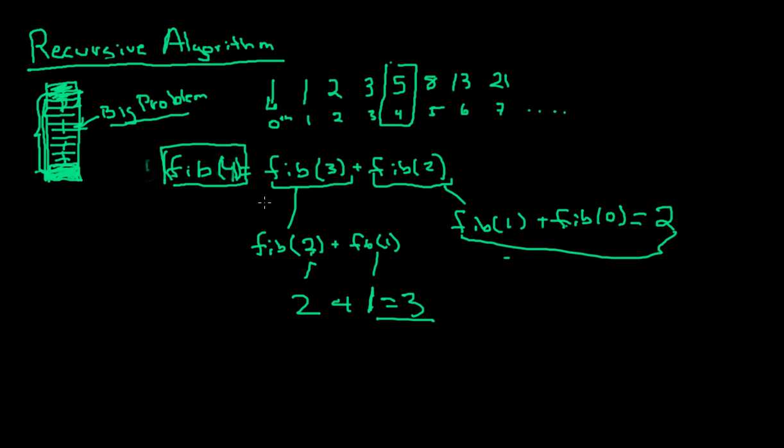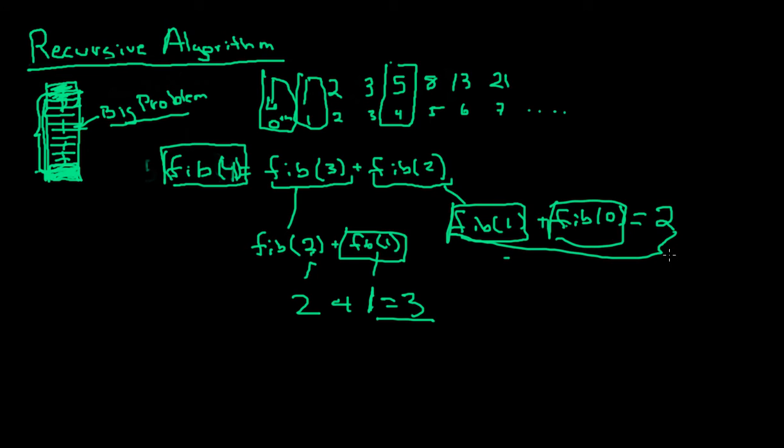And so, as you can see, in order to find the fourth, we had to recursively go down into additional subproblems until we were able to reach problems that we knew the solution for by definition. So, these two are just defined by definition. And once we got to those, we used their solutions to build back up and eventually solve our big problem for the fourth Fibonacci number.